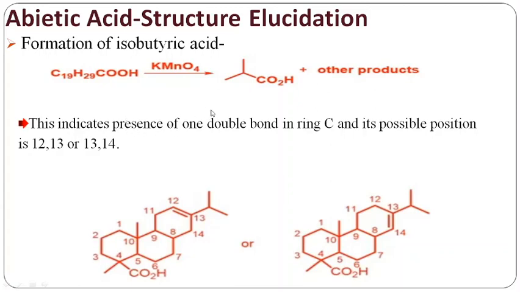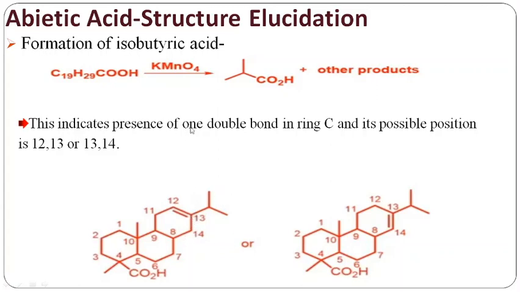It indicates that this carboxylic acid can be formed from KMnO4 oxidation only if the double bond is present adjacent to or adjoining this isobutyl group, as you can see.